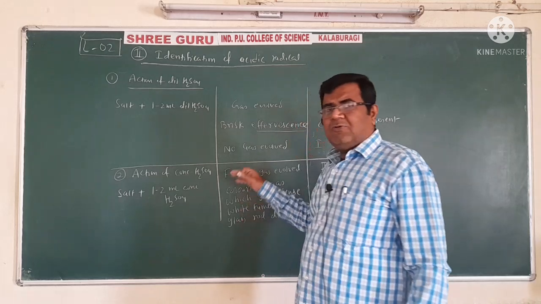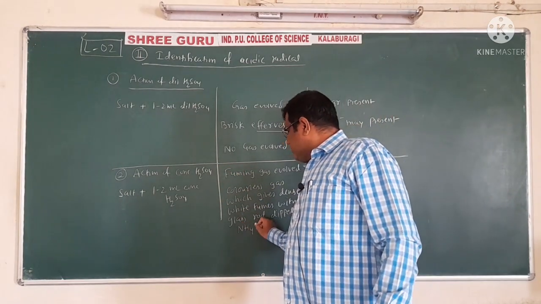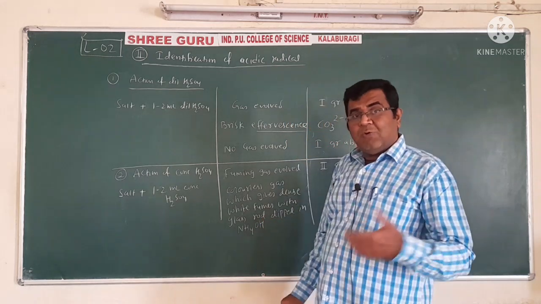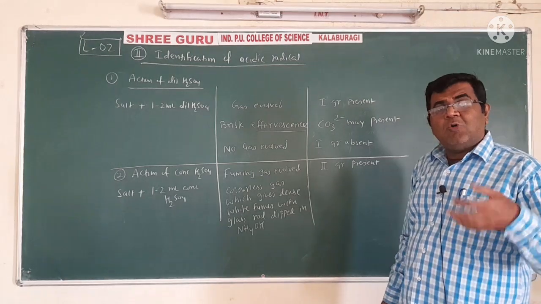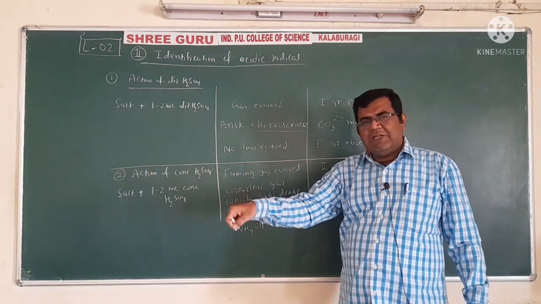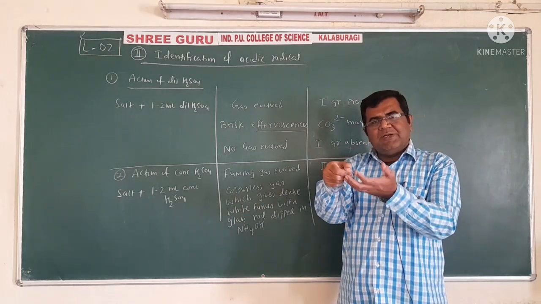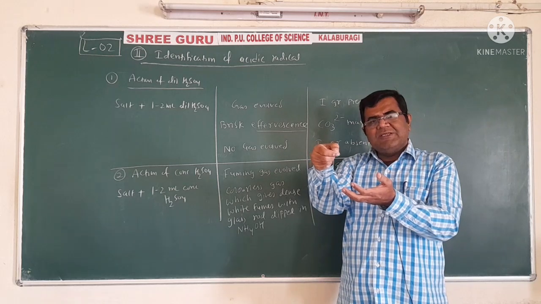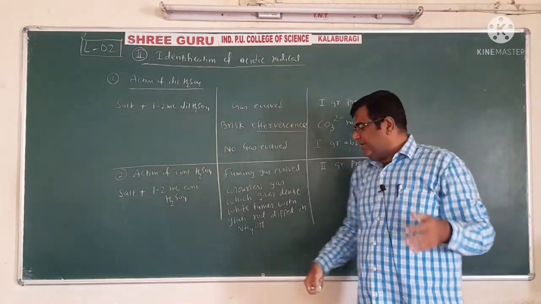Yes, this chloride gas is coming and we supply ammonium hydroxide so that ammonium chloride will form. So dense white fumes, more white fumes will be produced. If we put the glass rod dipped in NH4OH above it, the chlorine comes from that test tube, ammonium hydroxide is there, and they form ammonium chloride and more fumes will be created.